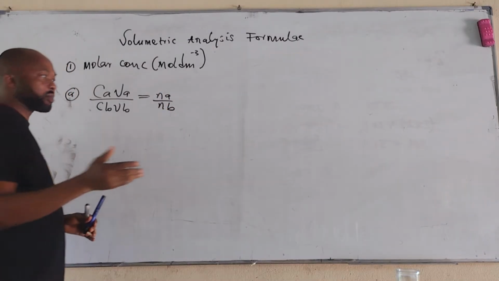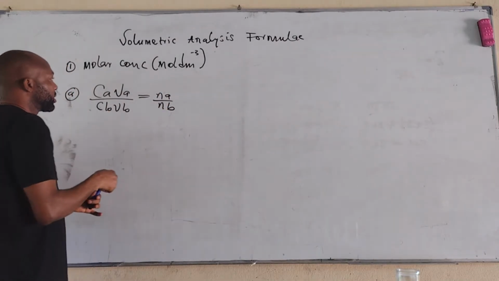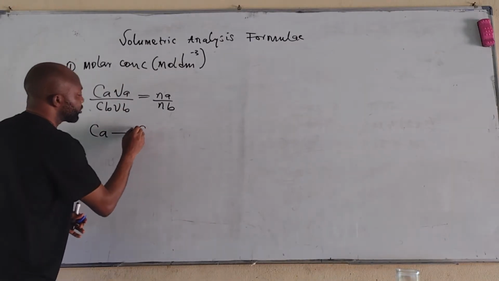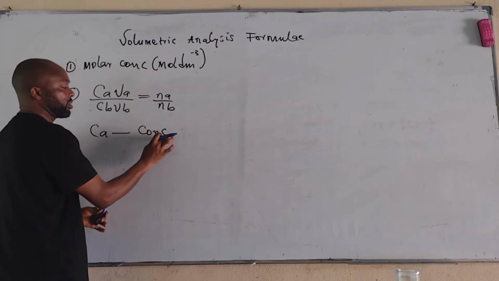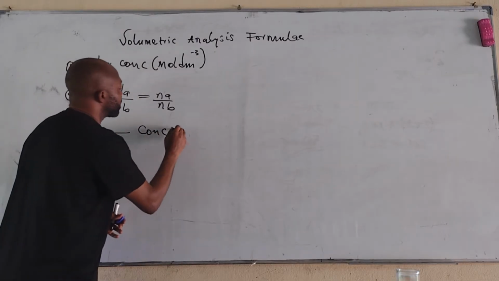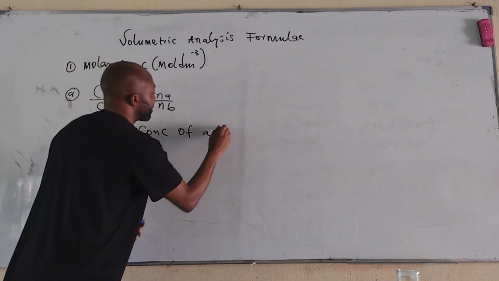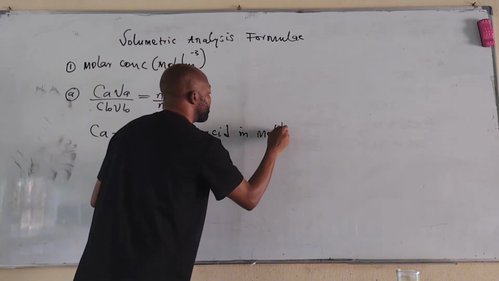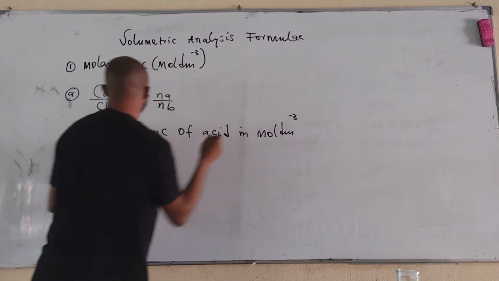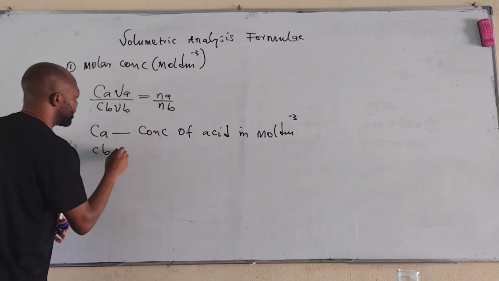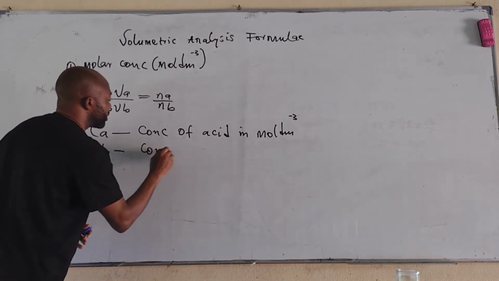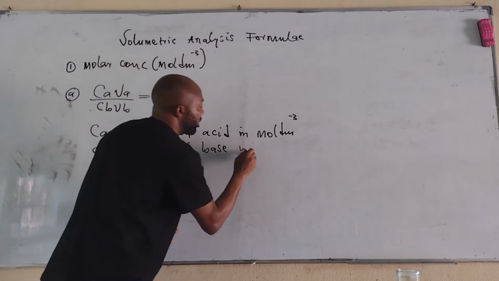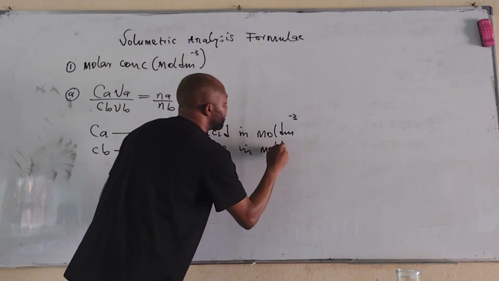Now, CA means concentration of acid in mole per dm³. CB means concentration of base in mole per dm³.